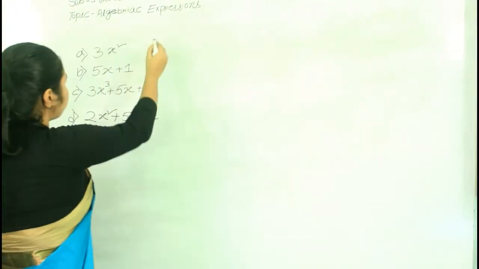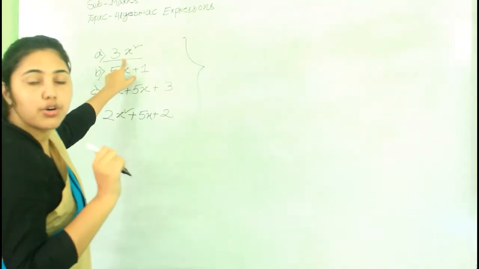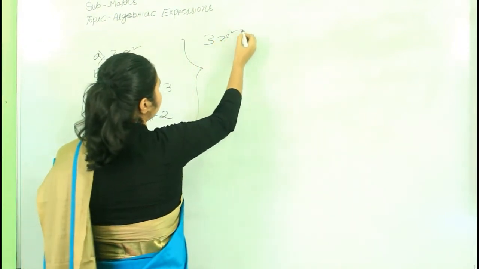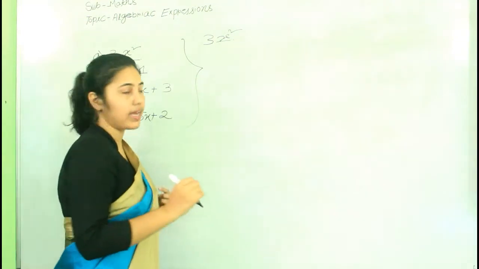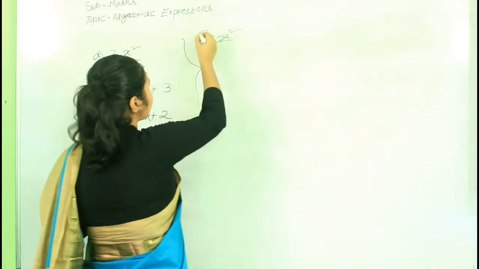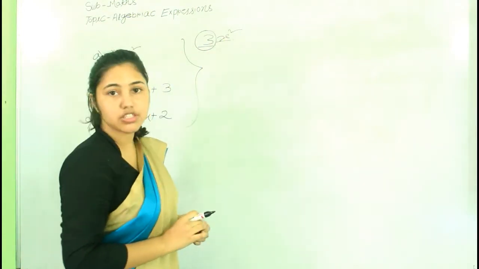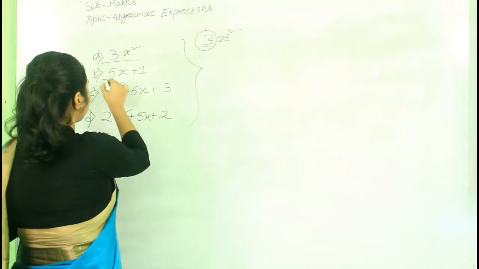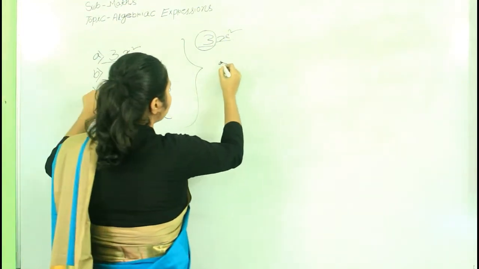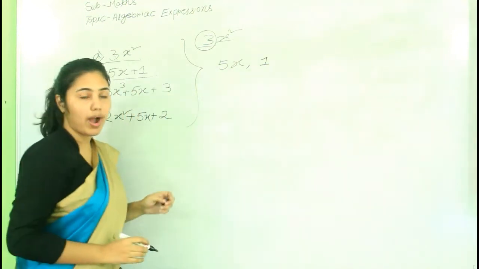Now look at these algebraic expressions. Here in our first expression we have only one term, which is 3x square. Here the variable is x and the constant is 3. Also we can call 3 the coefficient of x square. Now in our next expression, here we have two terms, 5x and 1.